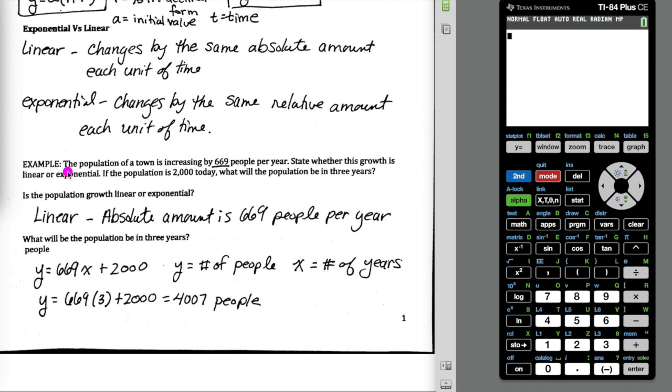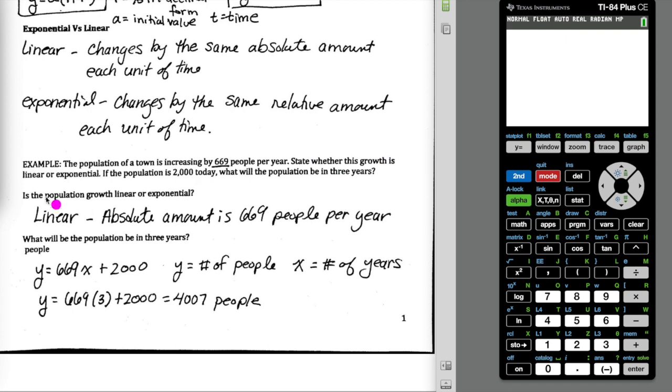It says the population of a town is increasing by 669 people per year. This is a rate that is constant. It's increasing by an absolute amount per year, so per unit of time. It's not going to change from year to year. It's going to be exactly 669 people every year.